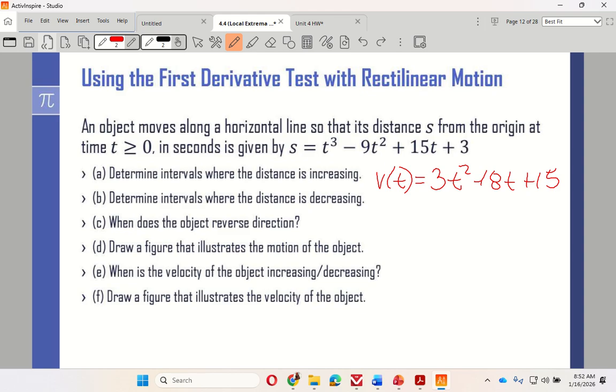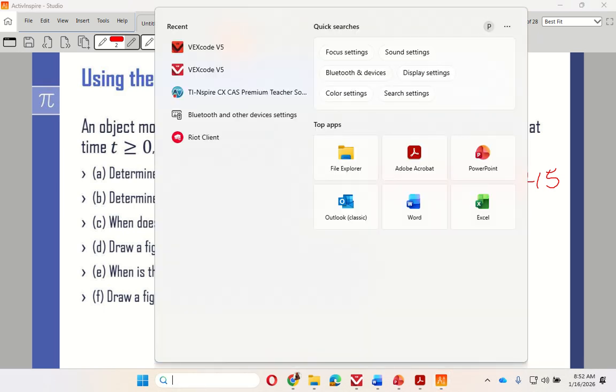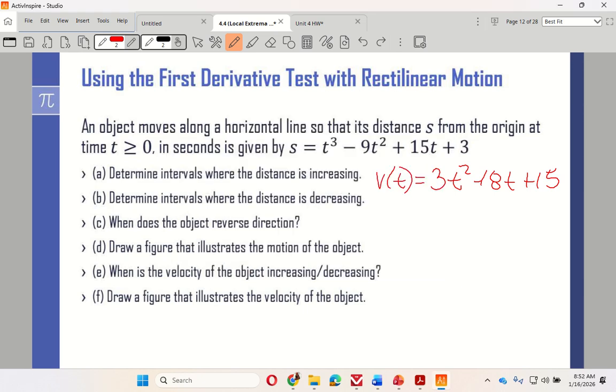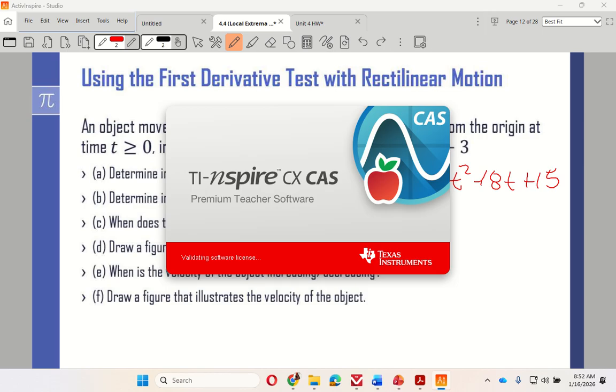It's positive, so it would be this. Okay, so watch this. I'm going to take a graph now of the first derivative. It should be decreasing from negative infinity to 1?